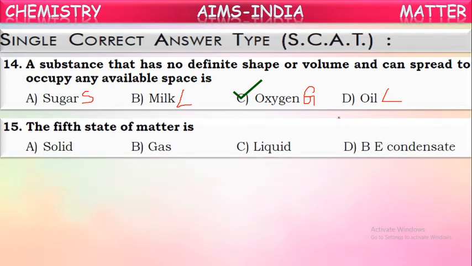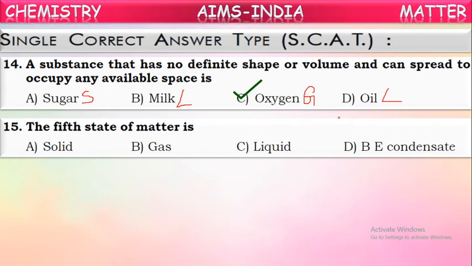The fifth state of matter is... Actually, we told the major states which we observe frequently are three states of matter. They are solid, liquid and gaseous state. There are two more special cases also which exist rarely, but out of the atmosphere they exist. One is the plasma state, which we call the fourth state of matter, and the fifth state of matter is Bose-Einstein condensate. When gases are heated very strongly, at very high temperatures, plasma state is created.